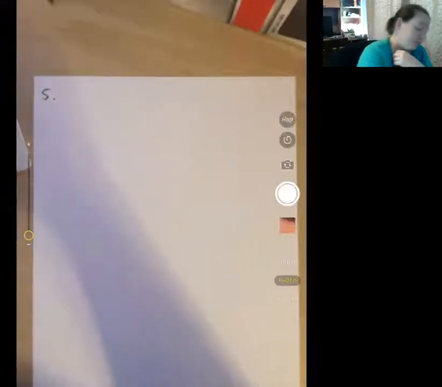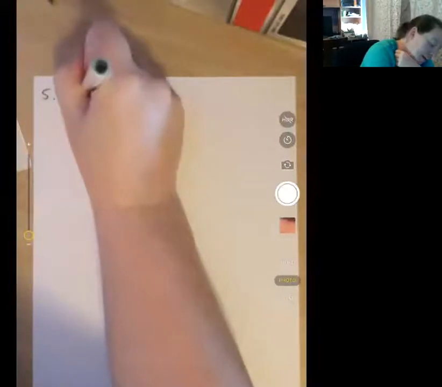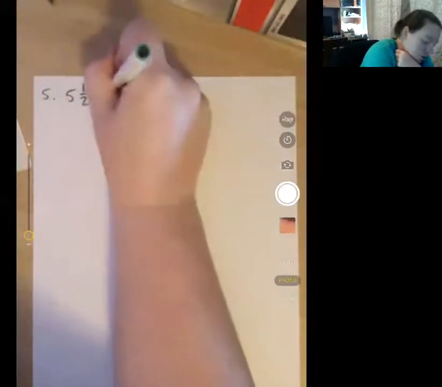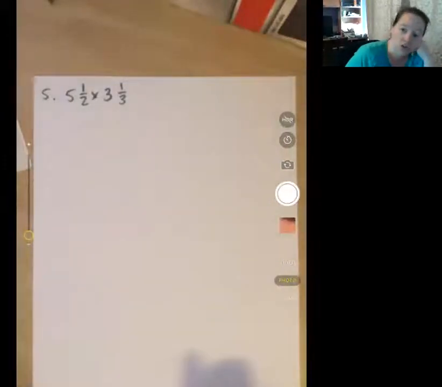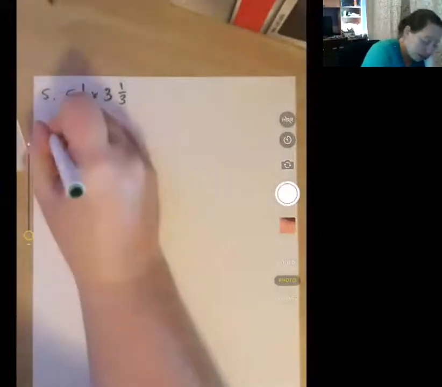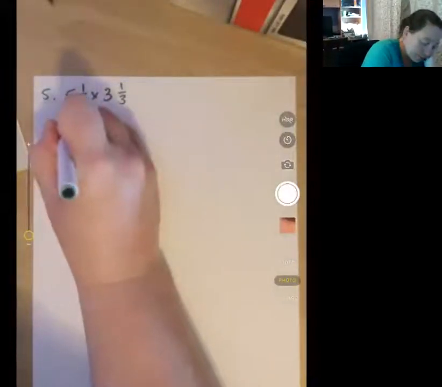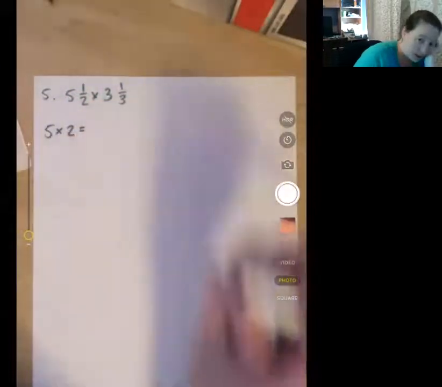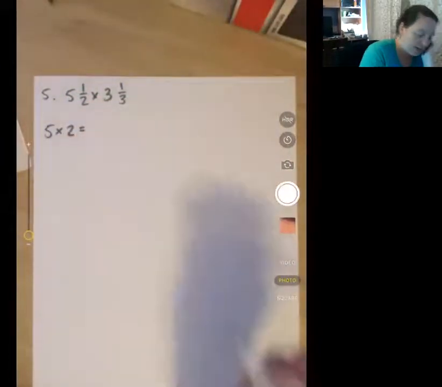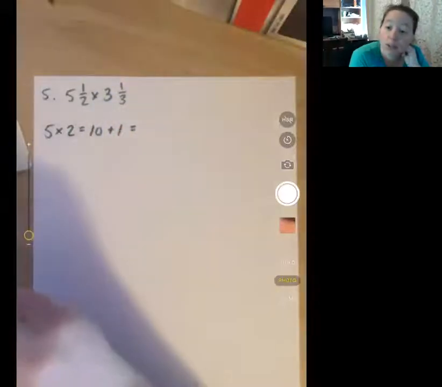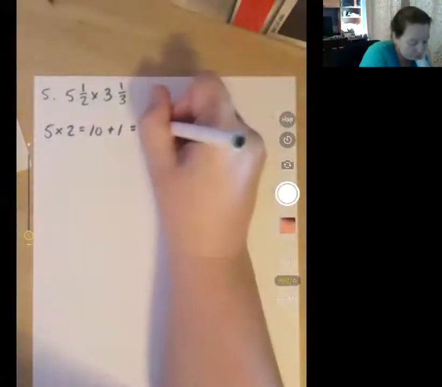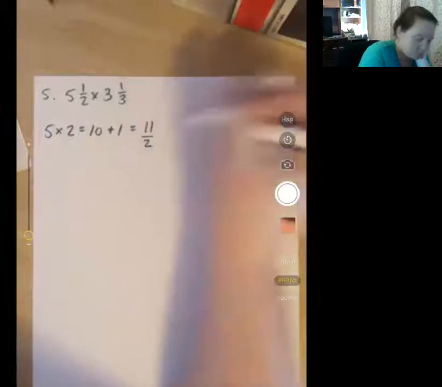Number 5. 5½ times 3 1/3. Let's change those into improper fractions. Whole number is 5 times the denominator, which is 2. 5 times 2 is 10, plus the numerator, which is 1. 10 plus 1 is 11 over 2.